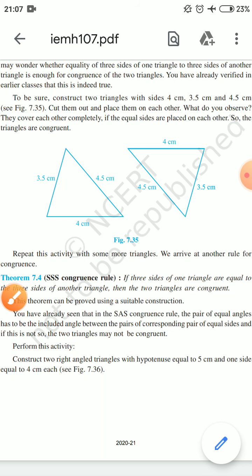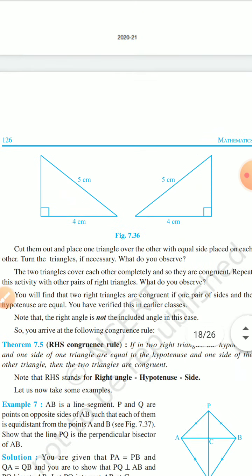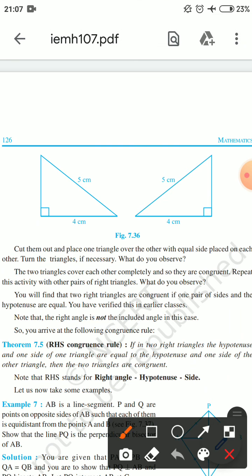Right, now move on to the next congruency criteria, that is the RHS congruency rule. For this rule it is important that the two triangles must be right angled. Here in figure 7.3 you can see that. Let us again name these two triangles.